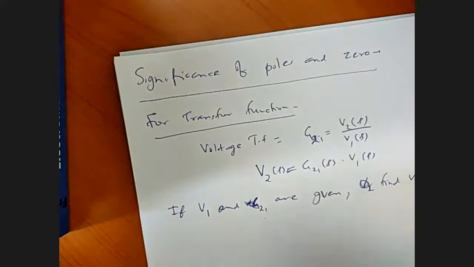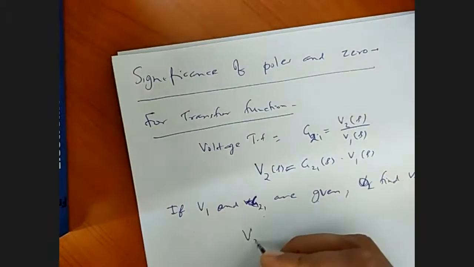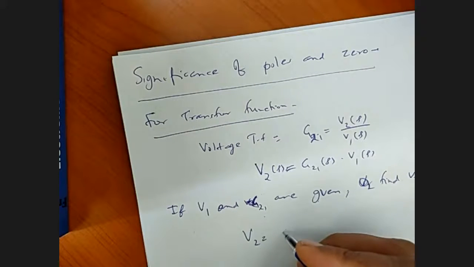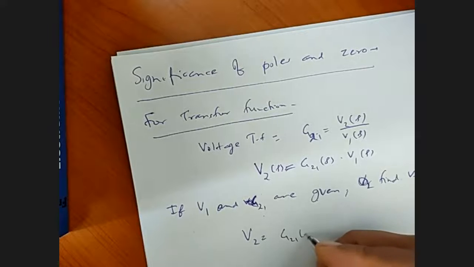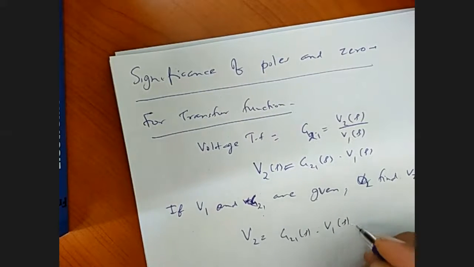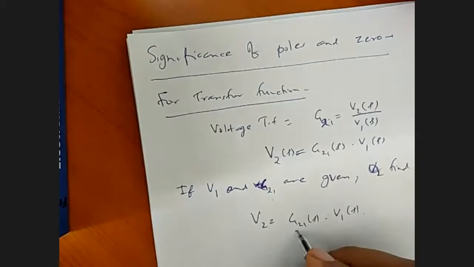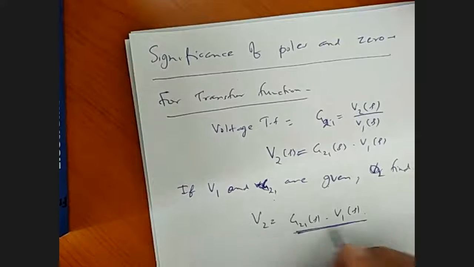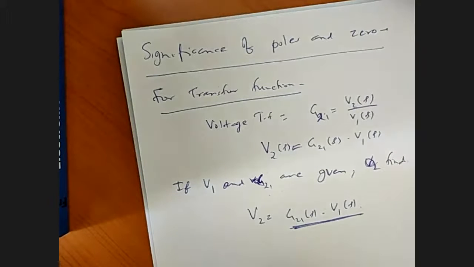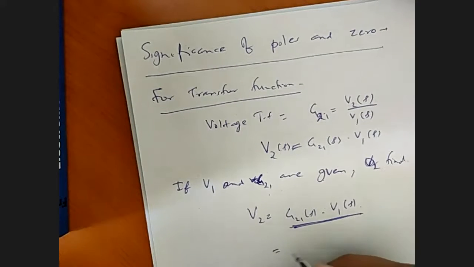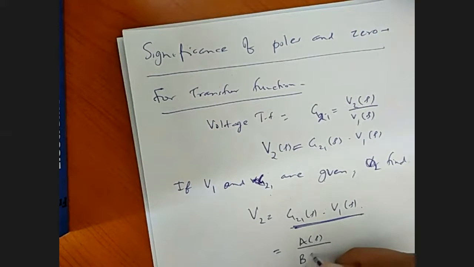V2 will be G21(s) into V1(s), so it will be a multiplication. It will be a ratio of two polynomials, like A(s) upon B(s).